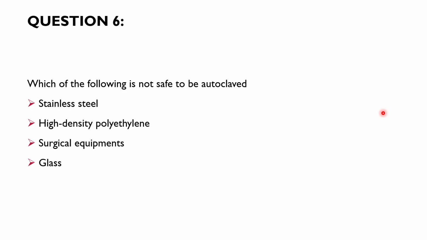As we have discussed, the autoclave is a steam sterilizer, which is used to sterilize our lab equipments, and you can only autoclave those materials which are heat stable. Heat labile equipments are not safe to be autoclaved. The autoclave uses a temperature of 121 degrees centigrade at 15 pound pressure for 15 to 20 minutes, and that is enough to destroy any bacteria or viruses or spores that might be present in the equipment.